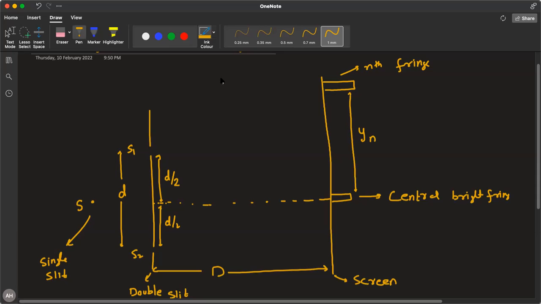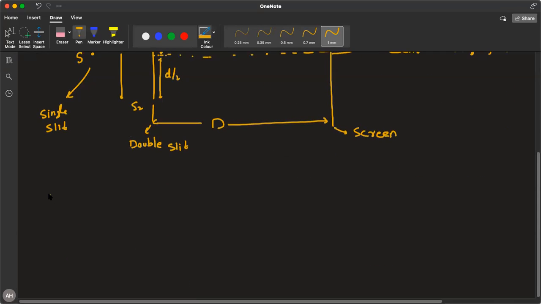So you have to calculate the value of this yn for which this fringe is a bright fringe, and the value of yn for which this particular fringe is a dark fringe. So what is yn?